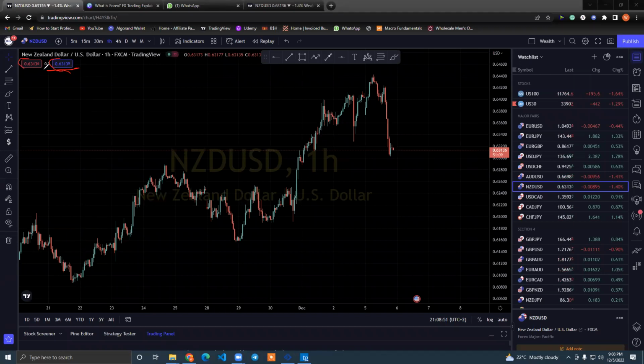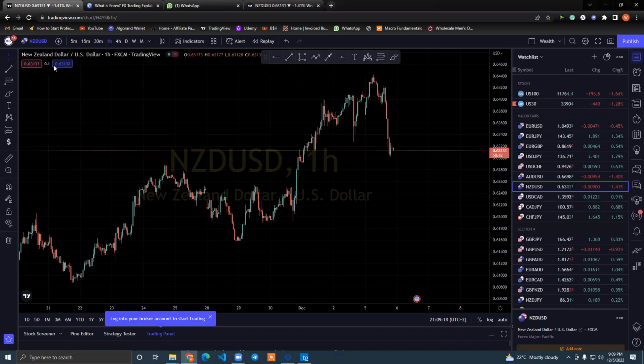Between the two, there is a difference. Now, you don't have to calculate everything by yourself. The system does all this for you. All you need to do is place your trade.